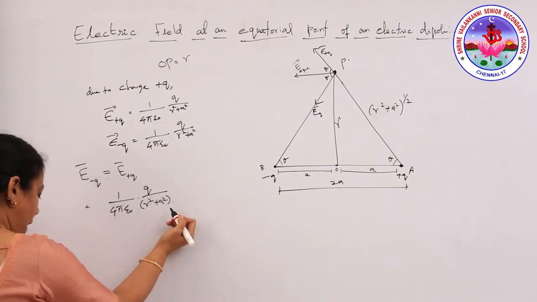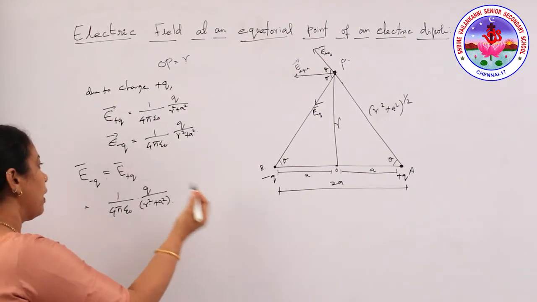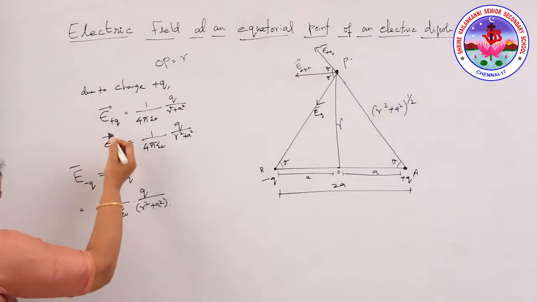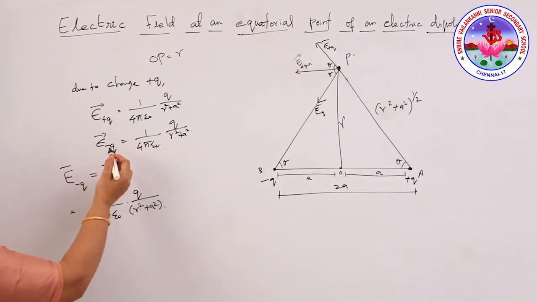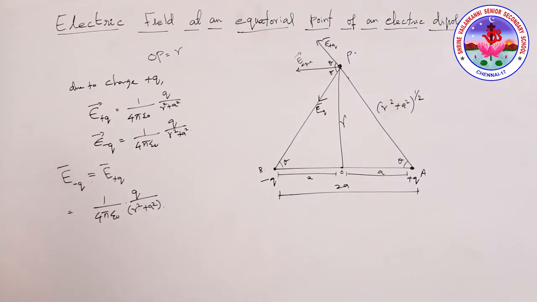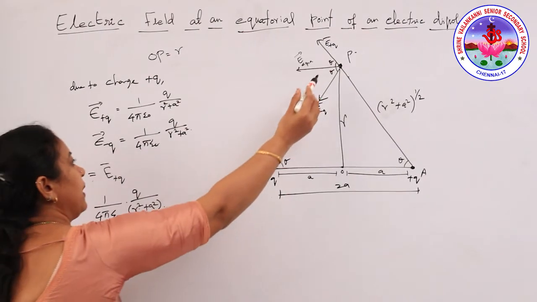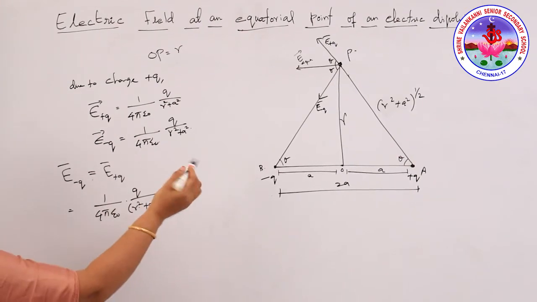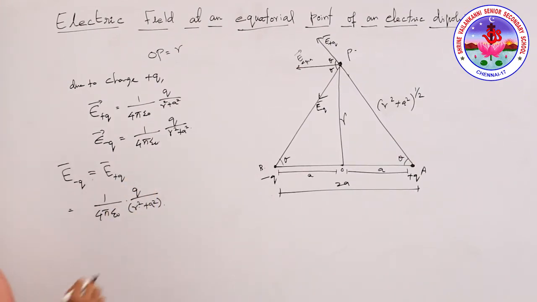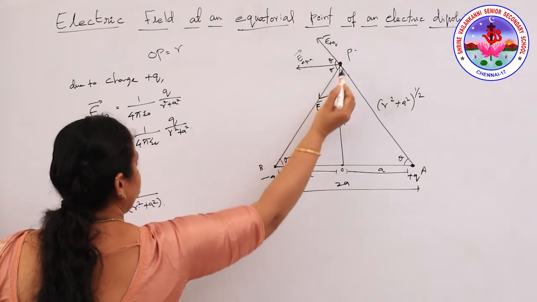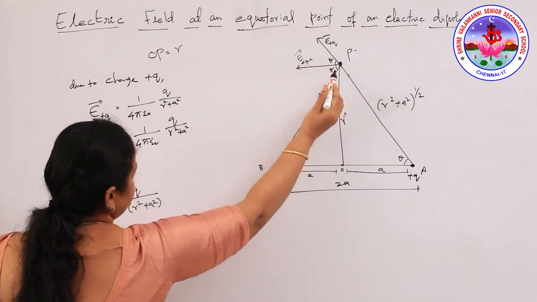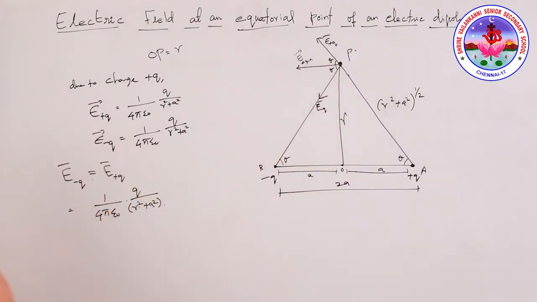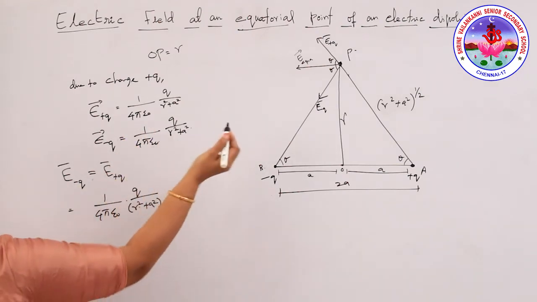Now, you must know about the components of the E plus Q and E minus Q values which are normal to the dipole. The normal components will get cancelled out. So, you do not want to consider the normal component; you can take only the parallel component for this point. Here the normal component, the sin theta, will get cancelled out, and only the cos theta, that is the parallel component, will get added up.